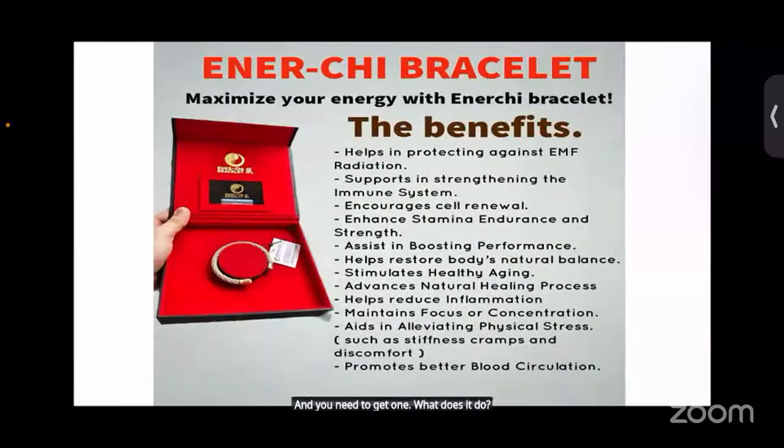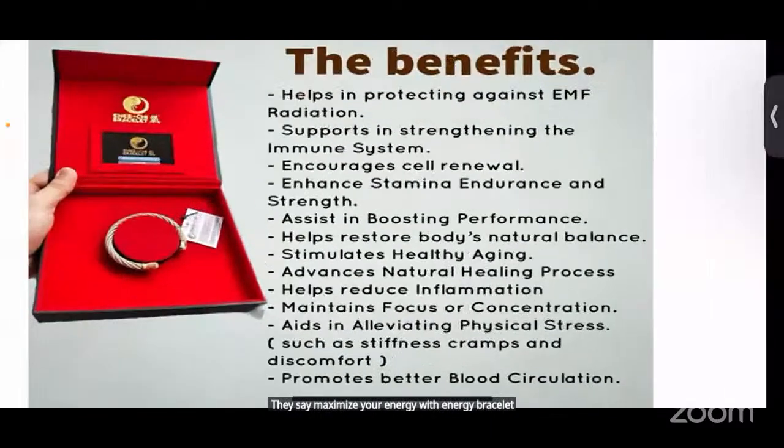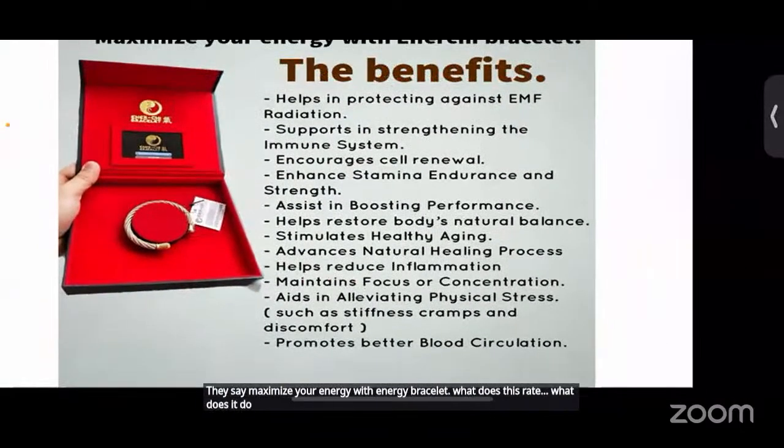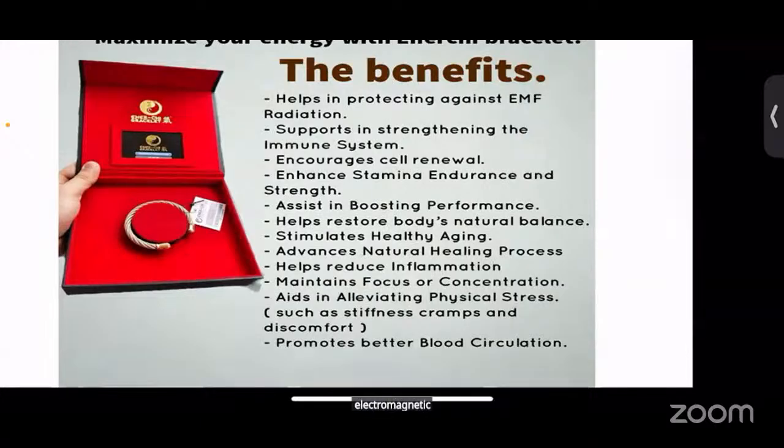This energy bracelet, they say maximize your energy with energy bracelets. It helps in protecting you against electromagnetic frequency radiations. These radiations affect your DNA, and you end up getting different forms of cancer. So this product is going to protect you.